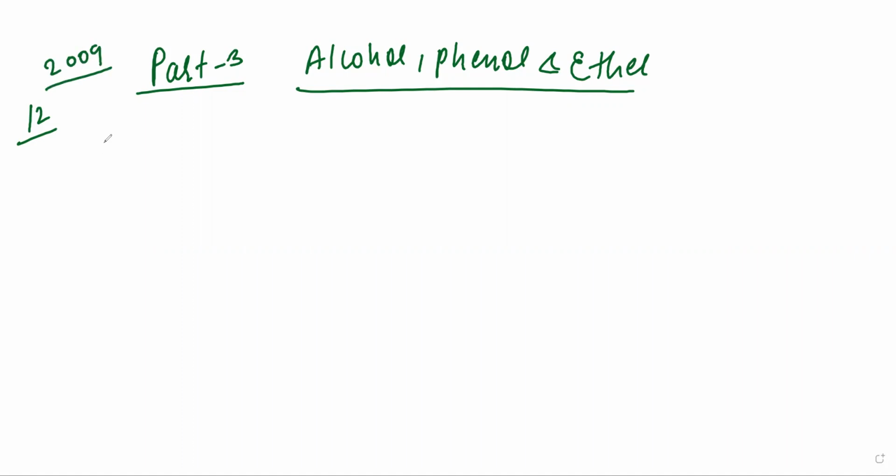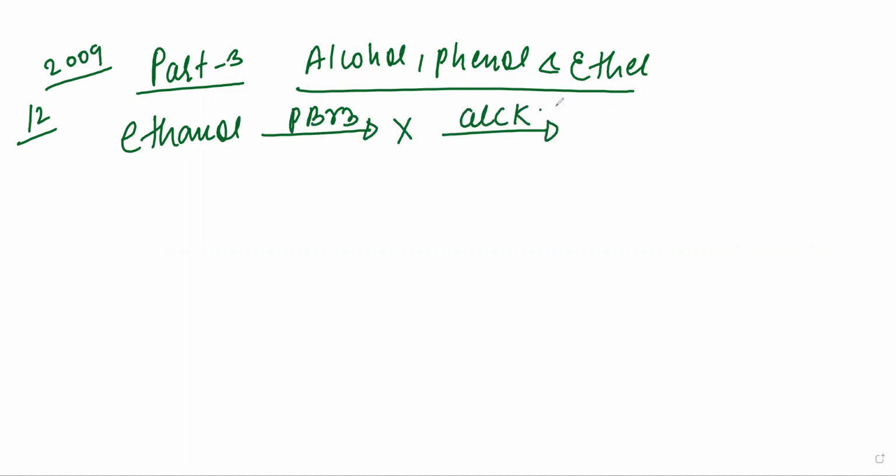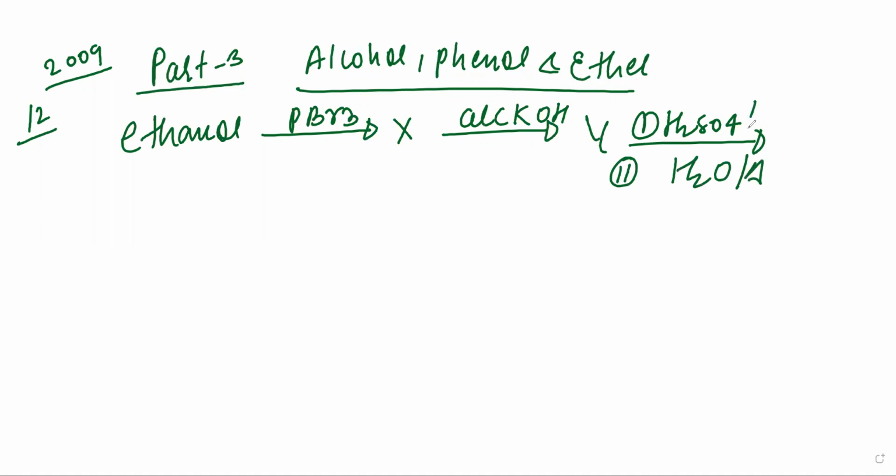So ethanol is given in presence of phosphorus tribromide. This is your ethanol. It reacts with PBr3 to produce X, then alcoholic KOH, potassium hydroxide, produces Y. Again it reacts with sulfuric acid H2SO4, and second it reacts with water and heated.